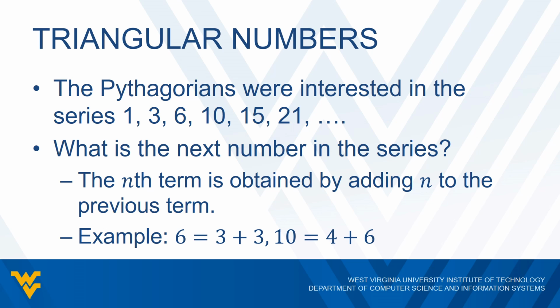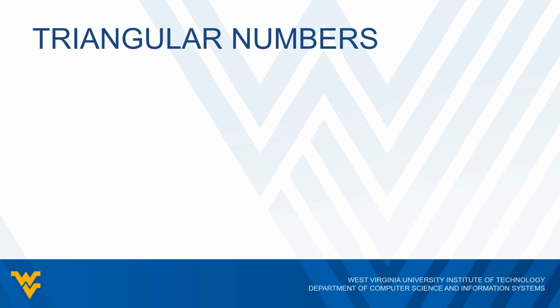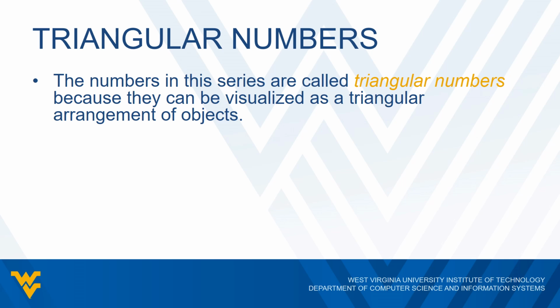Another example: 10 is the fourth number in the series, so we take 4 and add the previous item, which was 6, and 6 plus 4 is in fact 10. The numbers in this series are what we call triangular numbers.